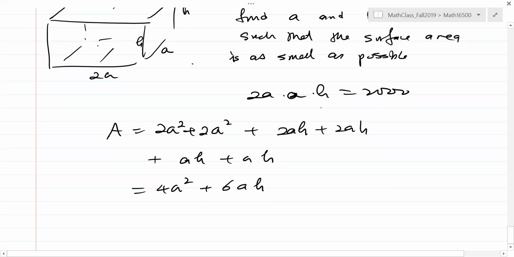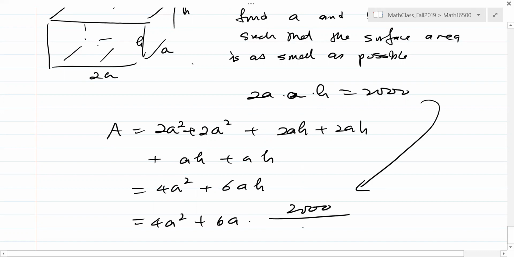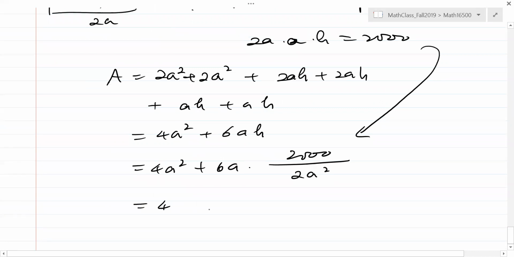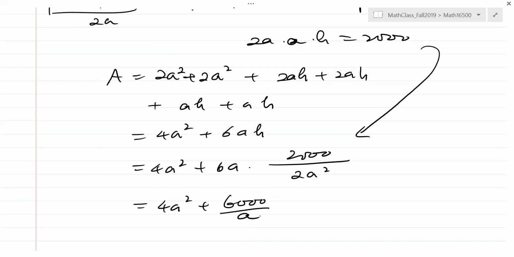All you have to do is replace h by 2,000 over 2a squared from here. That is h. Then you simplify to cancel it out, so 6,000 over a. And then you find the minimal value, find the critical value, then you solve the problem.